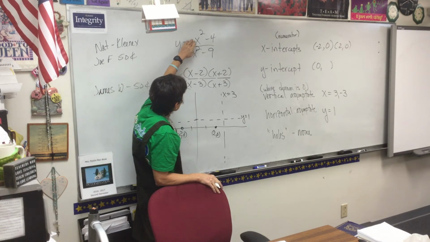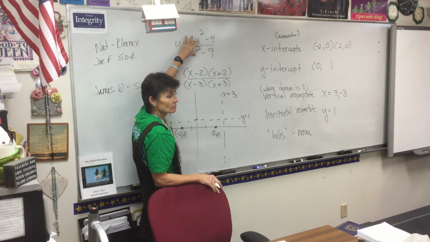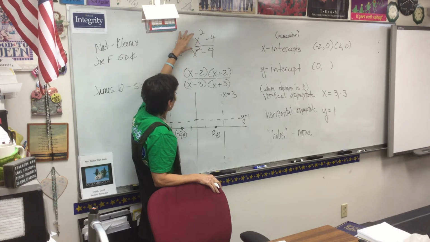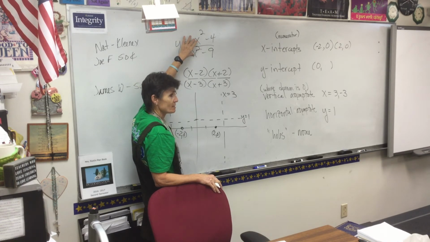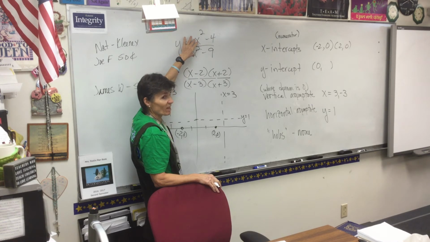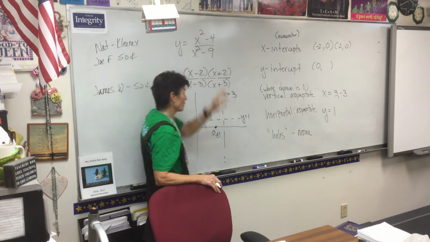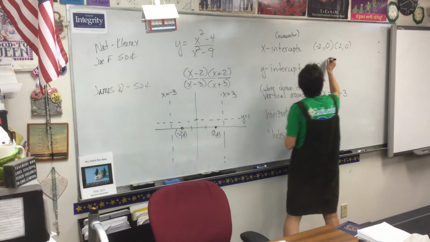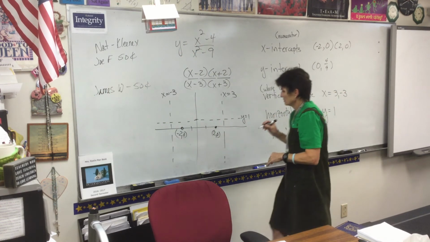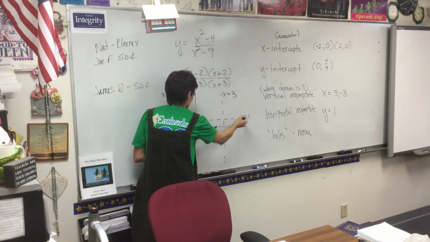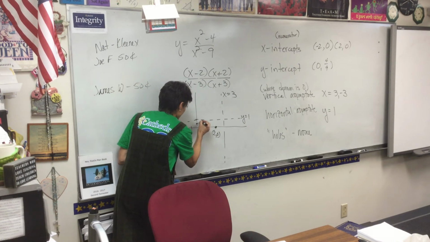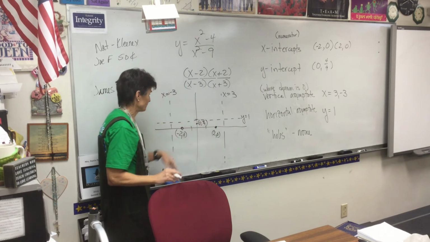If I let x be 0, what happens? Remember, to find a y-intercept, you let the other letter be 0. What happens? I get 4 9ths. Now remember that asymptote's at 1, so 4 9ths is like right here. 4 9ths is less than 1.